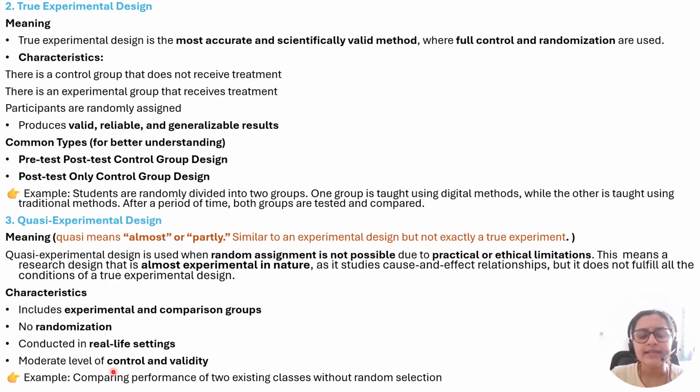An example: comparing performance of two existing classes without random selection. I think you might have got clarity on what quasi-experimental design is. Comparison is there between two existing classes, but there is no random selection. Random selection is the main thing for an experiment to proceed.